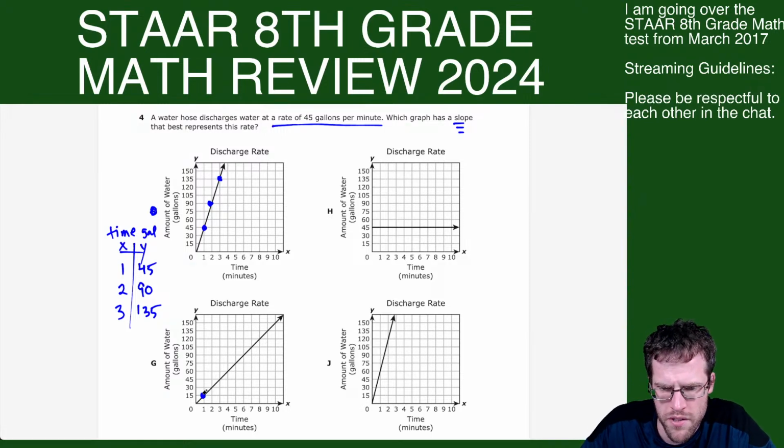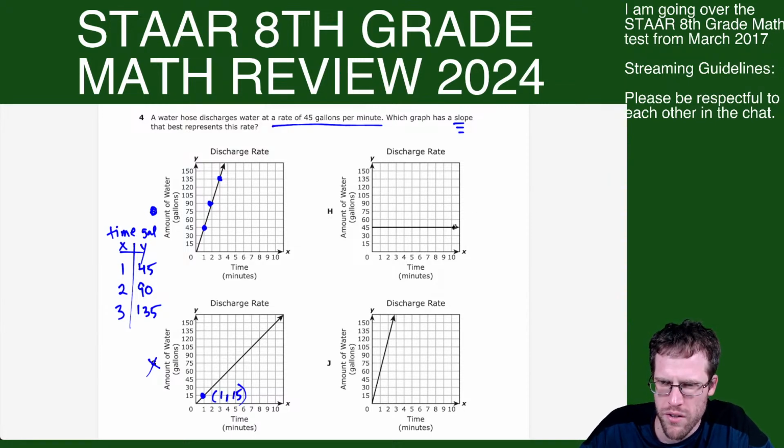So the problem here is this is saying, oh, in the first minute, only 15 gallons comes out. But 45 gallons are supposed to come out per minute. So that's why G is no good. Choice H is really bizarre. What's the story with this one? Maybe it starts out with 45 gallons discharged, but then the hose is not discharging any more water.